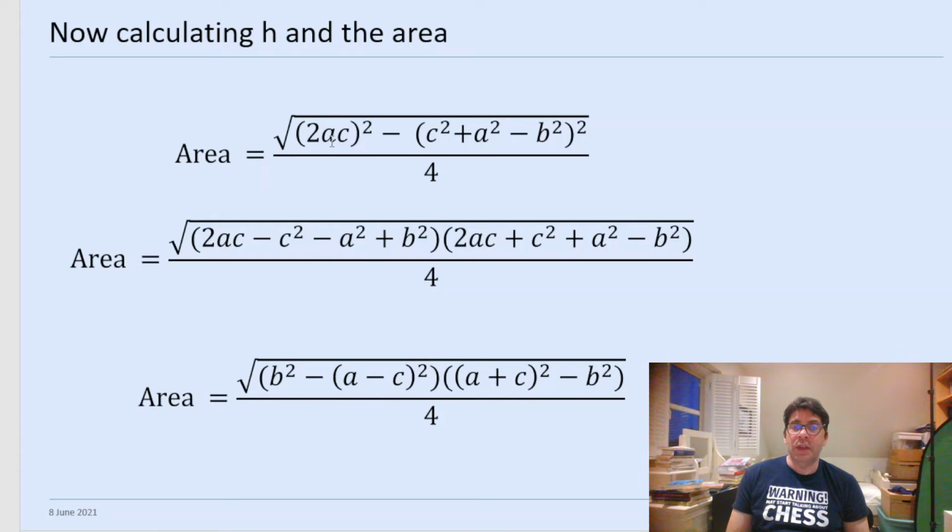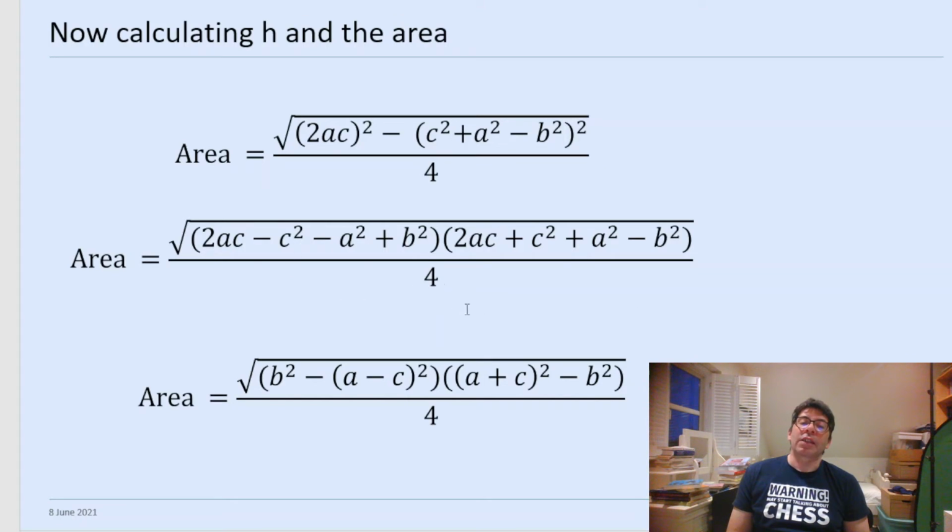So if this was x squared minus y squared, then this is x minus y here, 2ac minus c squared minus a squared minus b squared, which is plus b squared. And this is x plus y. So 2ac plus c squared plus a squared minus b squared.